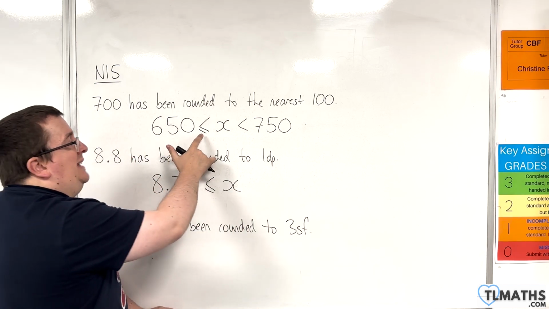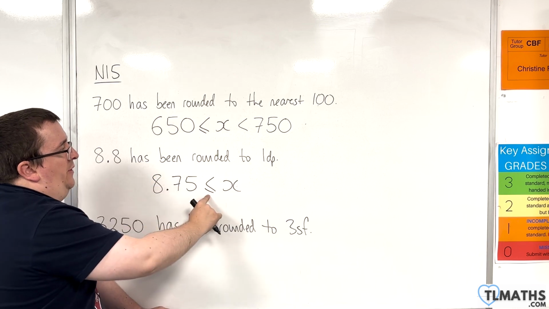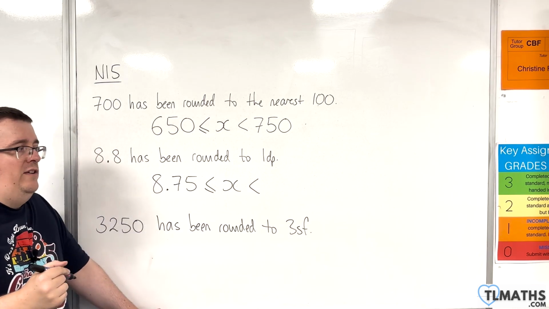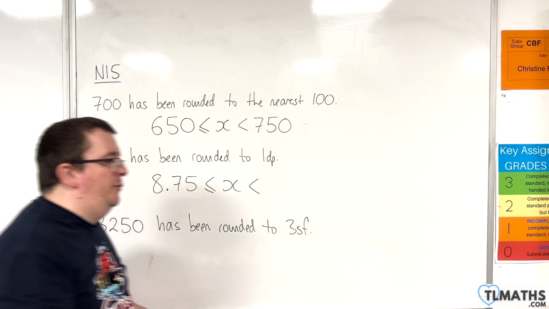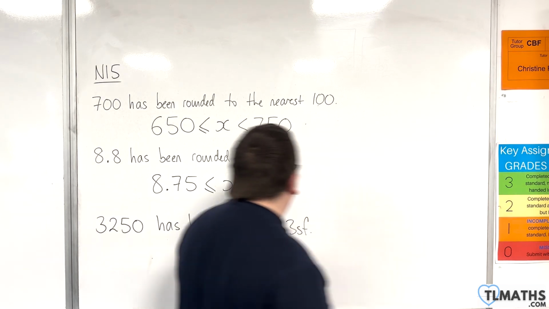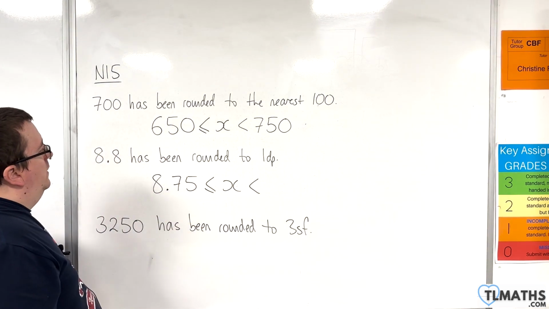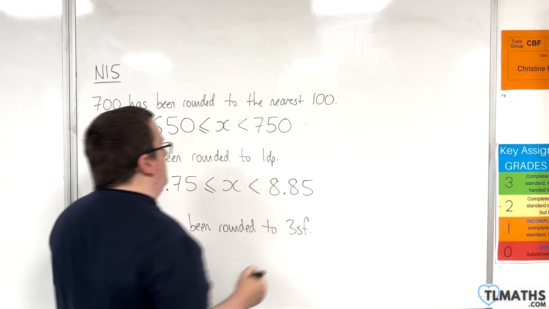So you can see it's going to be in this format where we have a less than or equal to symbol and then a less than symbol. They're always going to be of that same structure, always the same direction with the arrows. So what value should go here? Well, it's got to be 8.85, hasn't it?